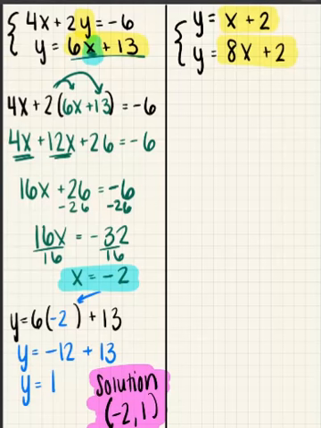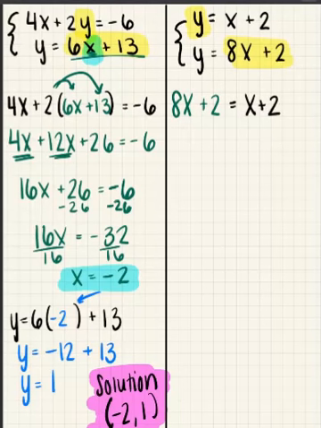Because if I were to take this bottom equation, y equals 8x plus 2, and plug this 8x plus 2 in for y, they would be set equal to one another. Because they're both equal to y, they are equal to each other. 8x plus 2 is equal to x plus 2.